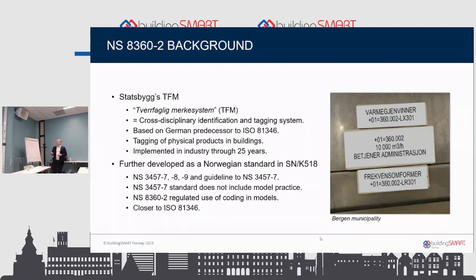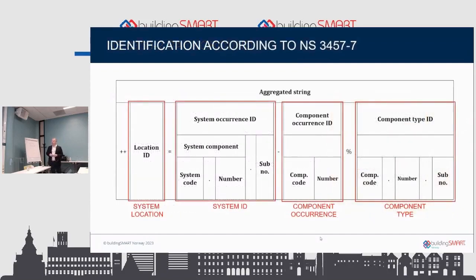So I just brought some more numbers here so you can see how it's actually being used. And also, as Gunnar showed you, there is location, system, component, and component type. Component occurrence. This is wrong. It should be location, sorry. It is right.